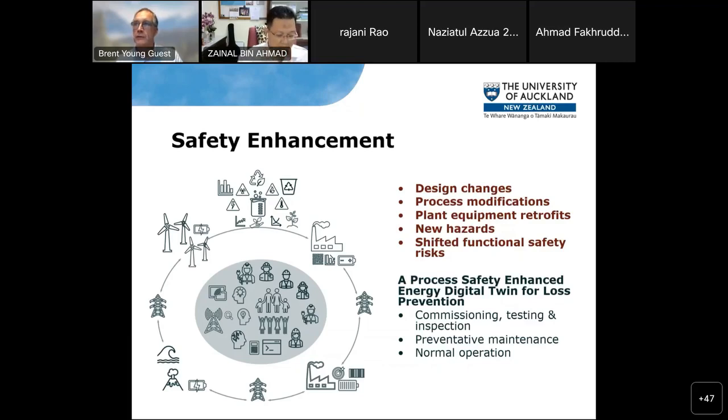And so the idea here is that we're going to integrate safety into what we do. So I have a PhD student here, Lily Pung, specifically looking at the safety enhancement, both from a design perspective, but also from an operations perspective.